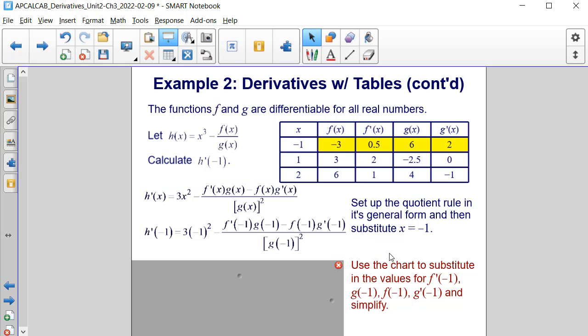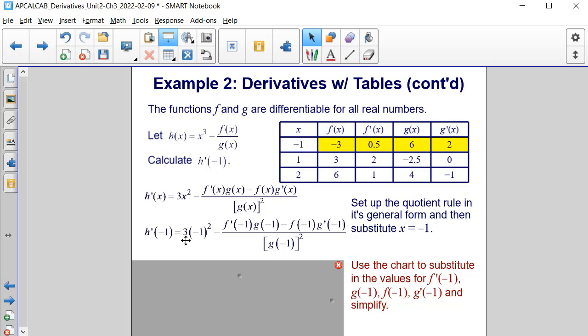Next, evaluate and use the chart to substitute the values in of f prime of negative 1, g of negative 1, f of negative 1, and g prime of negative 1 into the quotient rule formula.